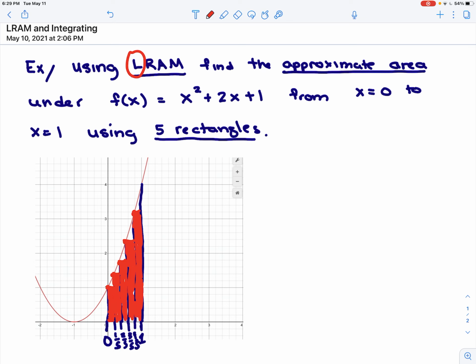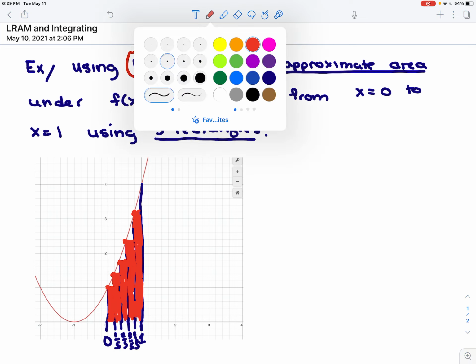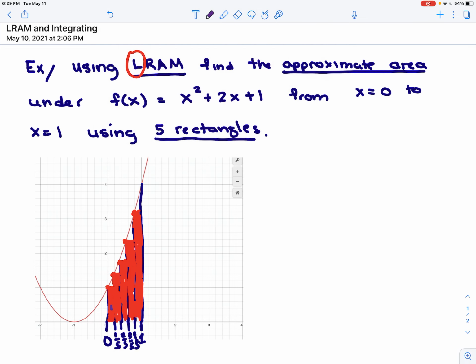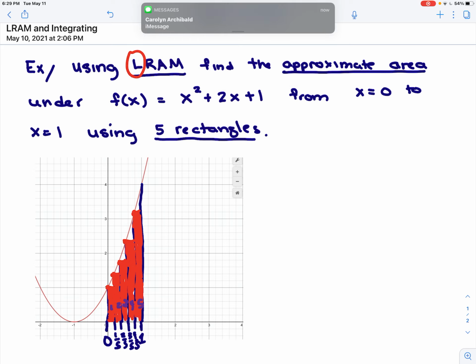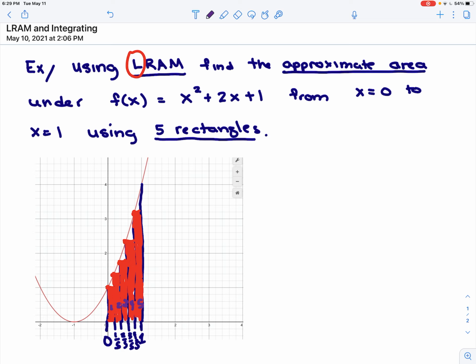And now I'm going to find the sum of all of those rectangles. So let's be super obvious here. This is 1, 2, 3, 4, 5. So I have 5 rectangles, and I'm going to find the sum of the areas of the rectangles.